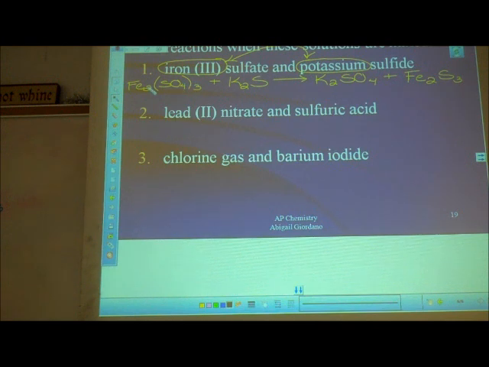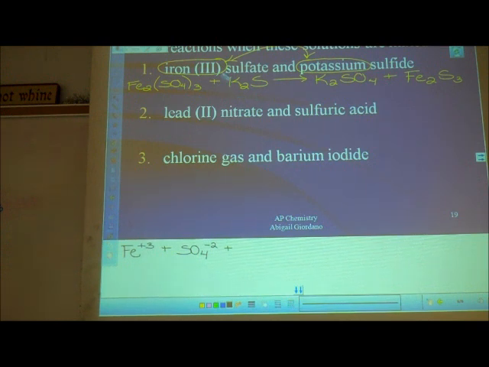That means write the ions. Fe with a +3 charge. Please notice I'm not even worrying about those subscripts. Don't even worry about them. All I care about is what is the ion coming out of this thing. Sulfate is the other ion. Okay?